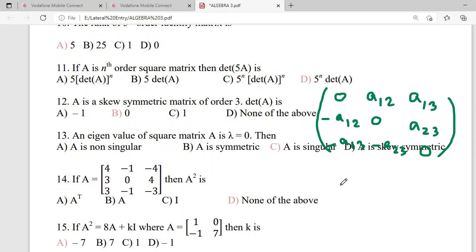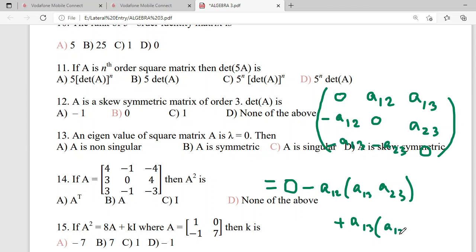Then you find the determinant. 0 into its minor is 0, then minus A 1 2 times minus A 1 2 times 0 plus A 1 3 A 2 3, then plus A 1 3 into A 1 2 into A 2 3, so the answer is 0.